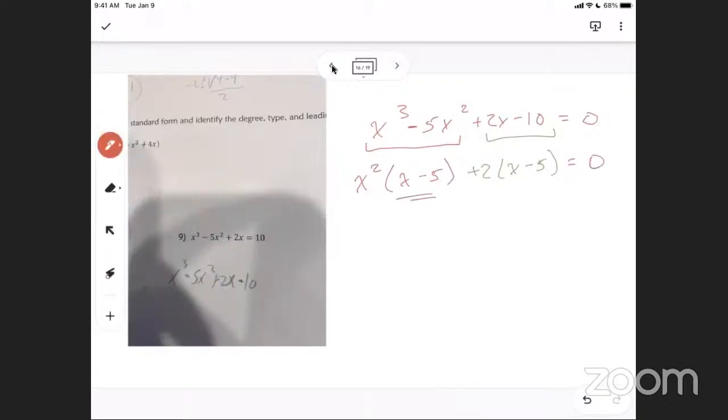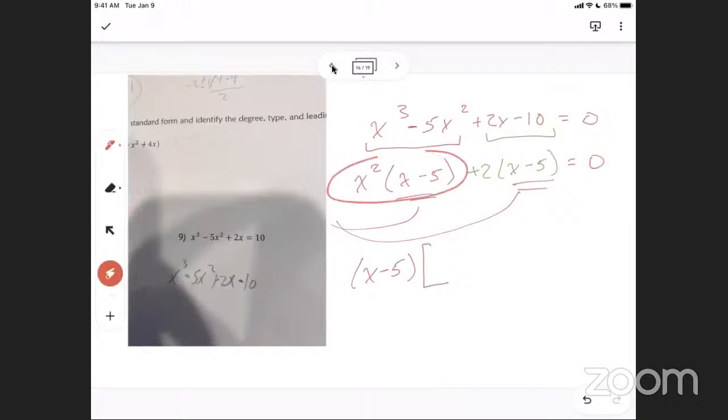Do you see how they both have the same factor? Mm-hmm. So you can take that out. So I'm taking an x minus 5 out, and what's going to be left here? X squared. And what's going to be left here if I take an x minus 5 out? Positive 2. And so now I can solve this equation.